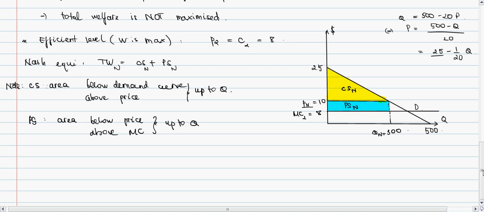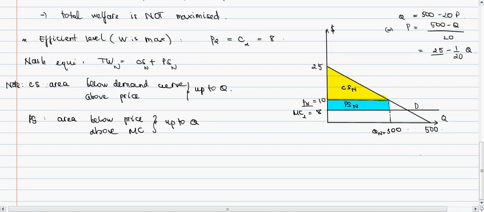All right. So the summation of the consumer surplus and the producer surplus will give you the total welfare in the market. So we will try to get the value for them. Alright, so total welfare in the case of Nash equilibrium equals consumer surplus plus producer surplus.